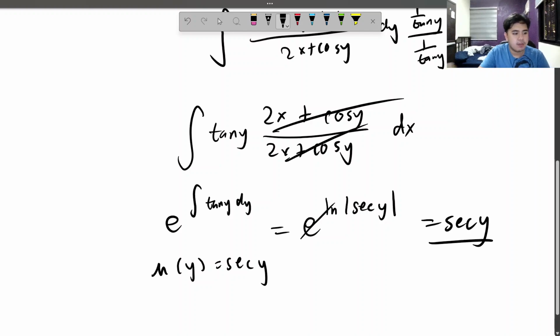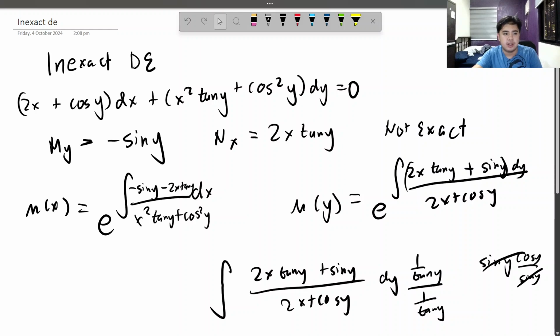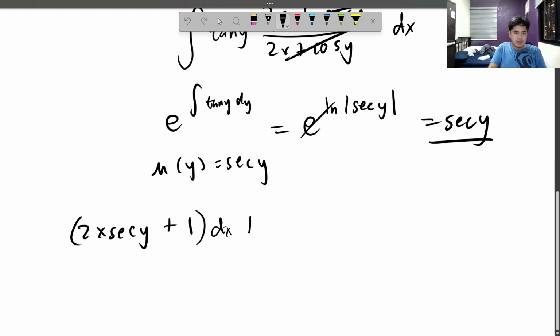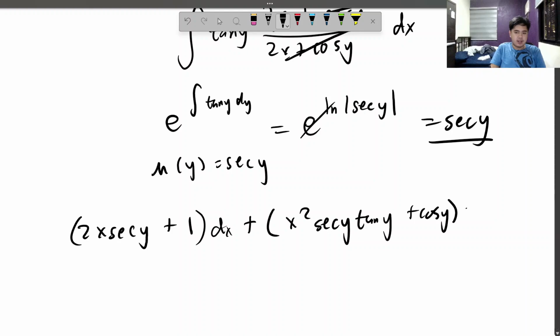Now, let's multiply it back to the original differential equation. We will get, hold on, 2x secant y plus 1, since cosine y times secant y is just 1, quantity, then dx, plus x squared secant y tangent y plus cosine y, and then dy equals 0.